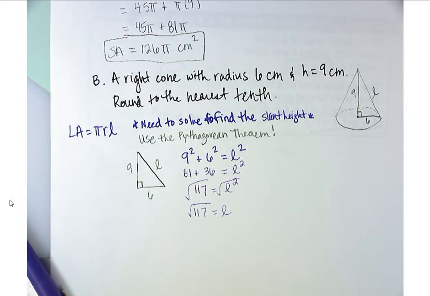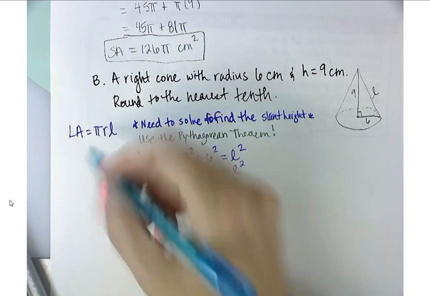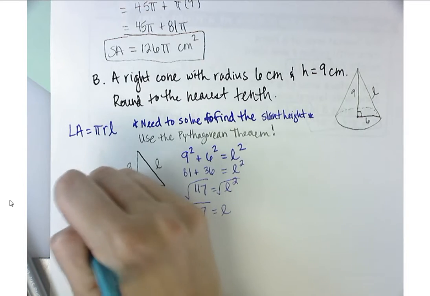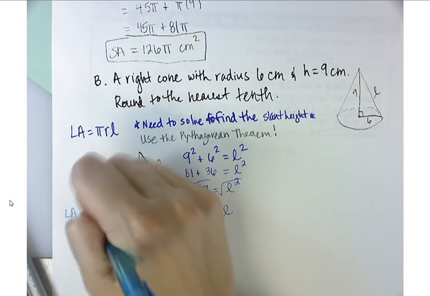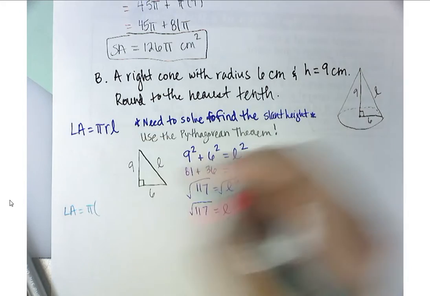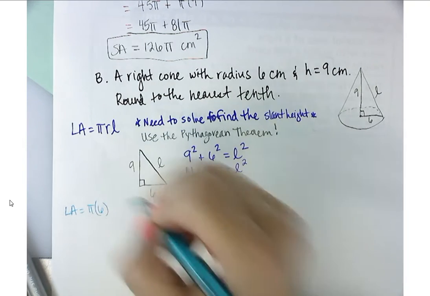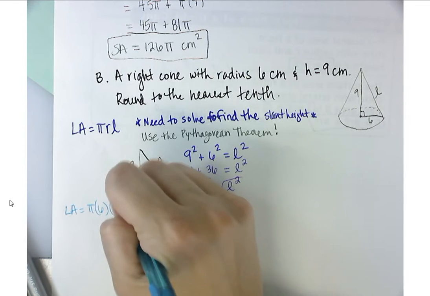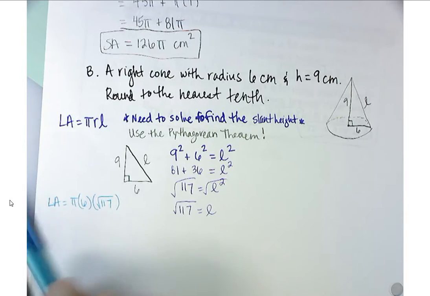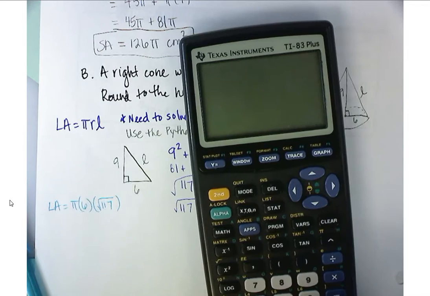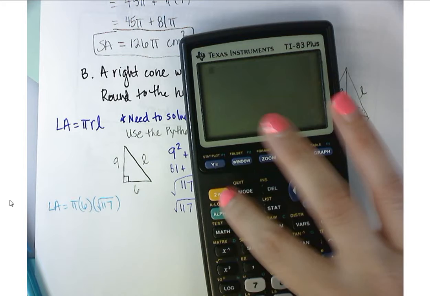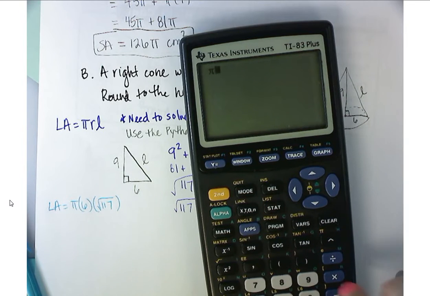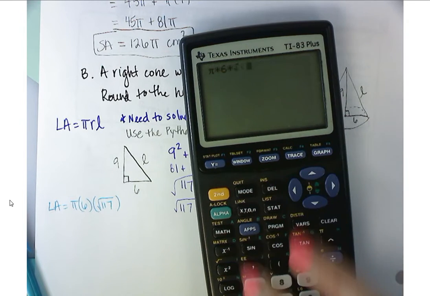So when I find the lateral area, I'm going to have pi times my radius, which is 6, multiplied by my slant height, which is the square root of 117. And then once I do that, I will round to the nearest tenth. So I have pi times 6 times the square root of 117.